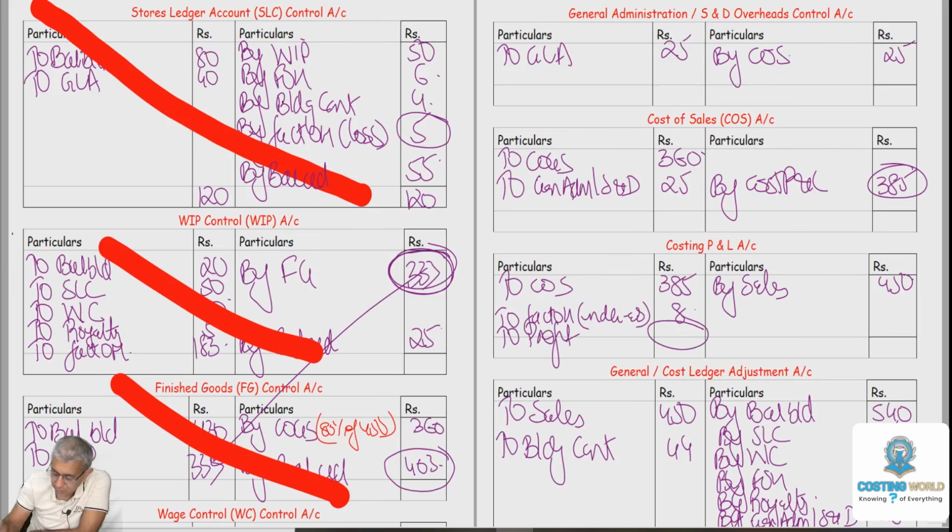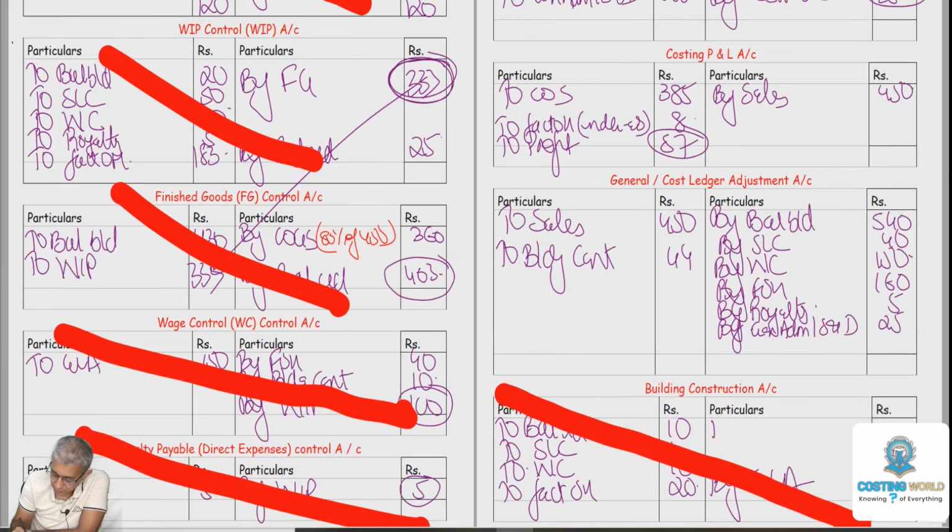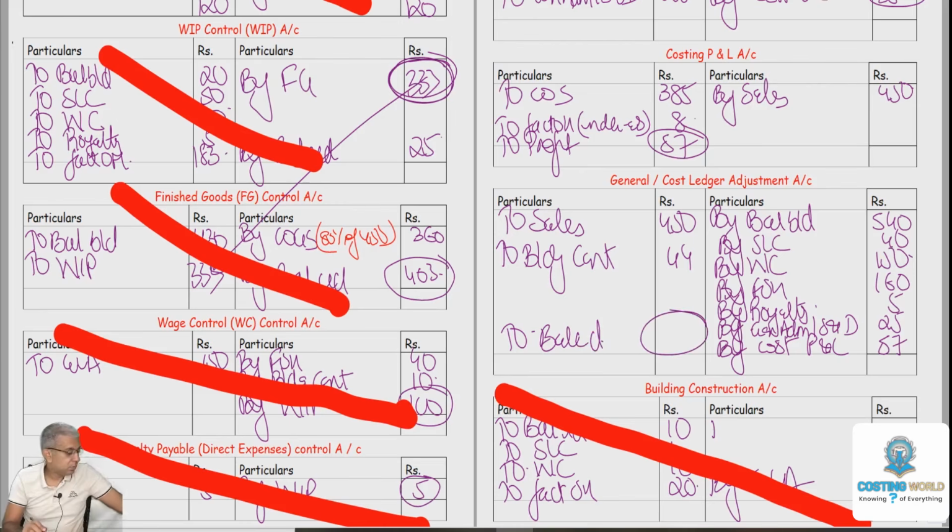This will be your profit, 57. Get me the balancing figure. Just check on your calculator whether it all tallies or not.